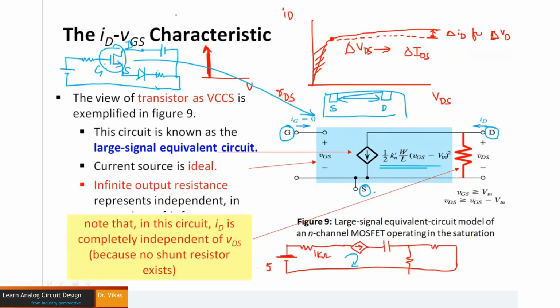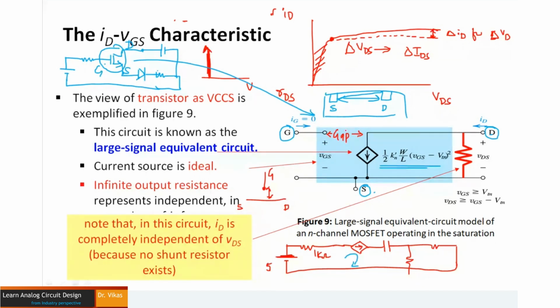And one thing you can see over here, there is a gap that is shown between gate and drain and source. If I just try to remodel this, it looks something like this, right? I have a source, I have a drain, I have a gate, and there is a gap shown over here.